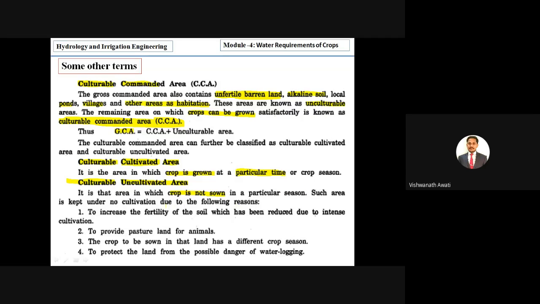Such an area is kept fallow due to the following reasons. Why do they not do sowing? First, to increase the fertility of the soil. Due to continuous cropping, fertility of the soil reduces, so to regain fertility they take some gap between cropping.